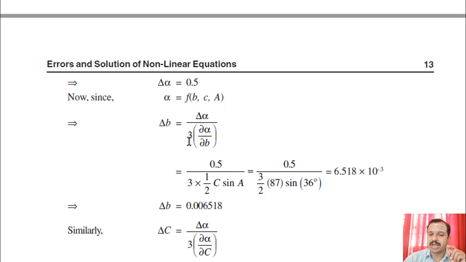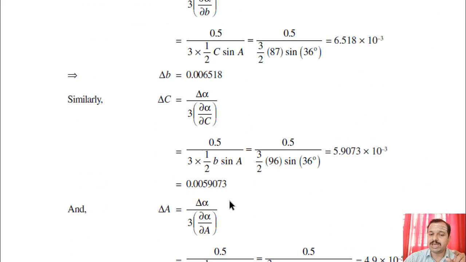N is 3 and partial derivative of the first variable with respect to the first variable, and if we substitute the values, we get this as delta B. Delta B is this thing. This simplification is simple. You can do it by yourself. And similarly, delta C, the second variable, the total error divided by n times partial derivative of alpha with respect to the second variable. Substitute the values and simplify. You will get the answer this much.